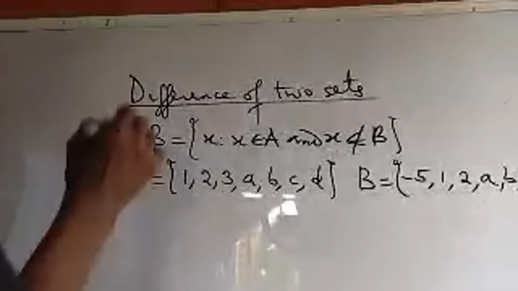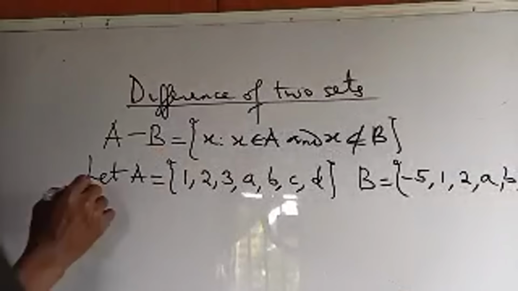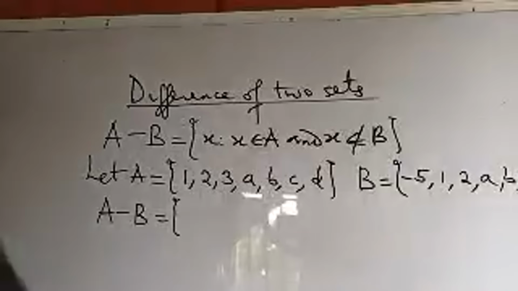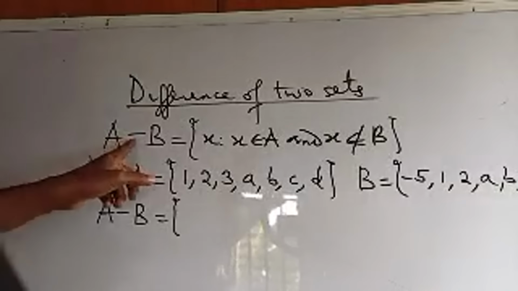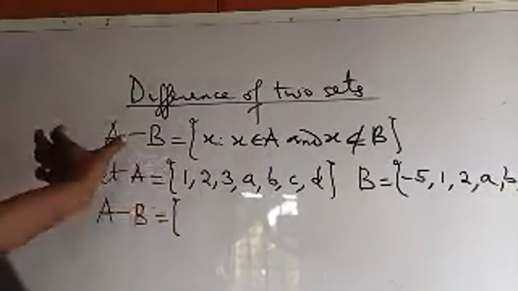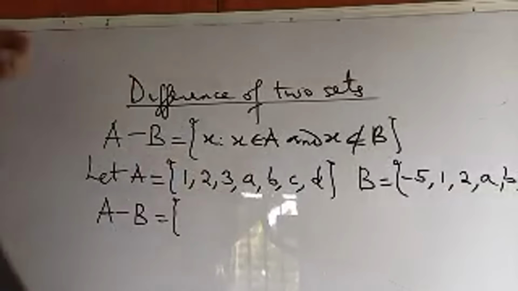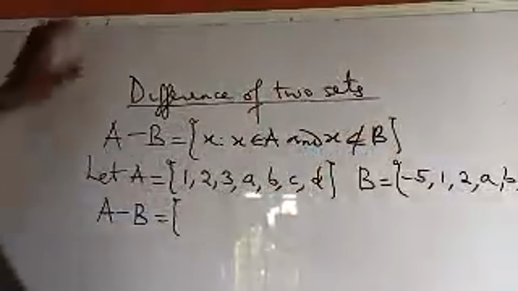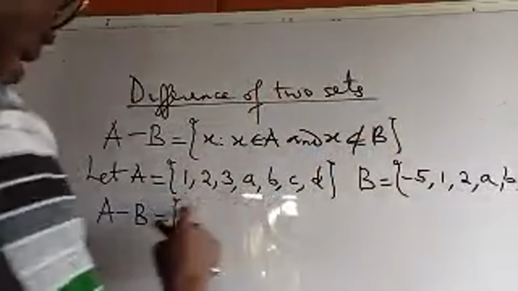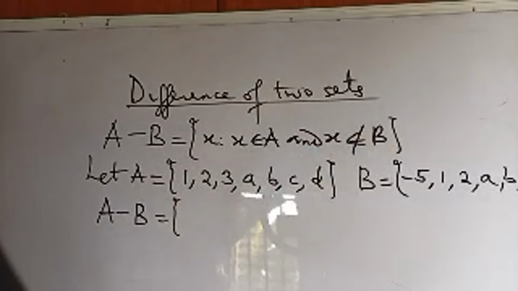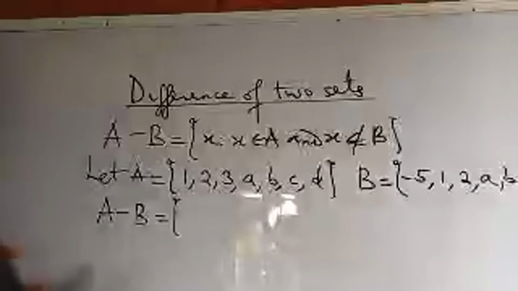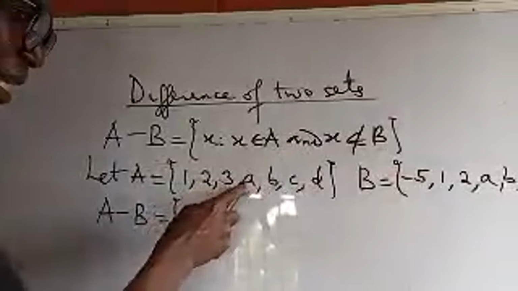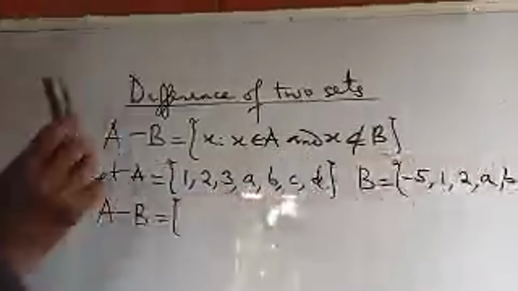Now we are asked to find A difference B. Don't forget, A difference B means A minus B. When you see this notation, it means the elements in A which are not in B. What elements do we have in A that are not in B?